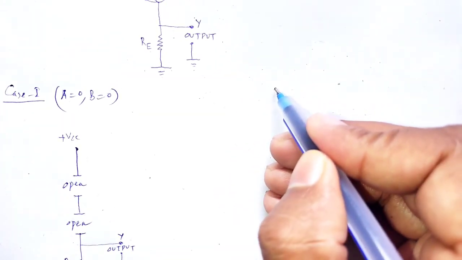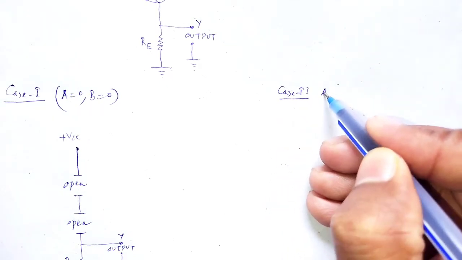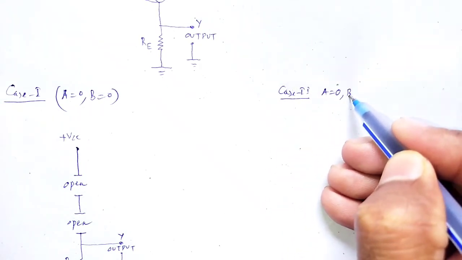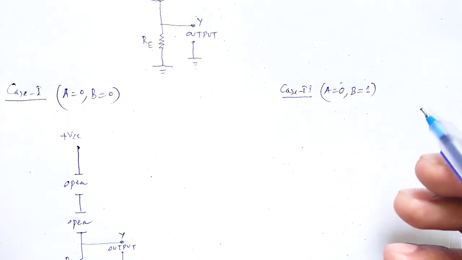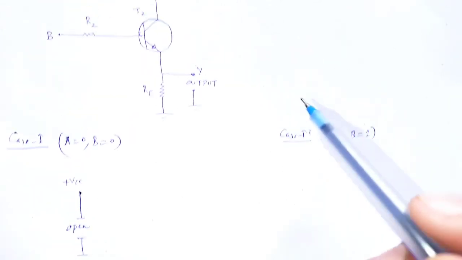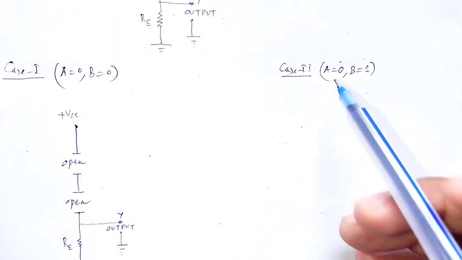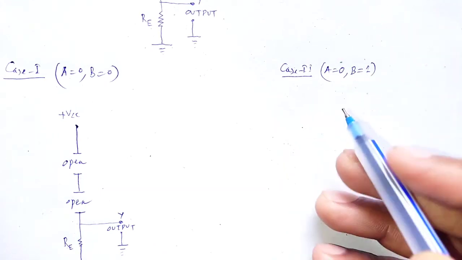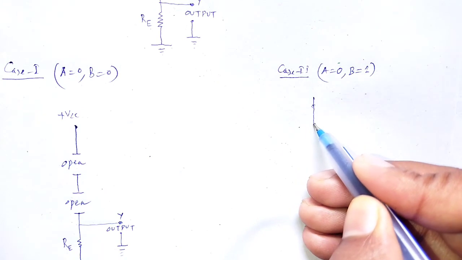Same thing, case number 2, as A is equal to 0 and B is equal to 1. A is equal to 0 means transistor 1 is open and B is closed. Therefore, at output we have 0. In the figure it is clearly shown.